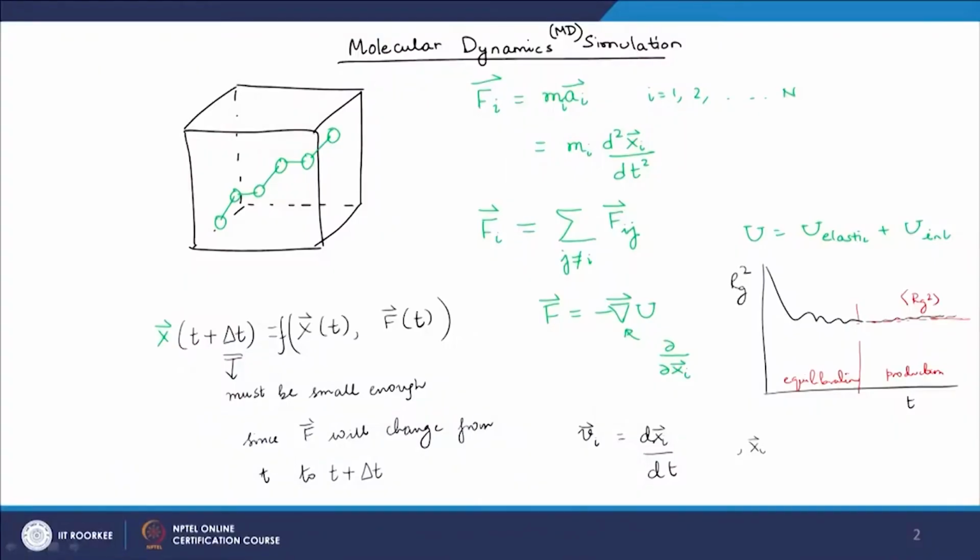But for static properties, both these methods can be used almost interchangeably. There are also computational advantages of molecular dynamics. It can be easily parallelized. There are many parallel Monte Carlo codes, many parallel molecular dynamics codes. Monte Carlo, on the other hand, is difficult to parallelize.